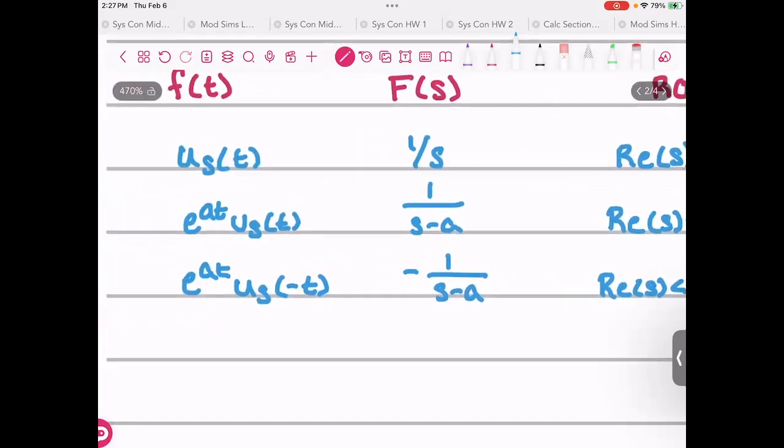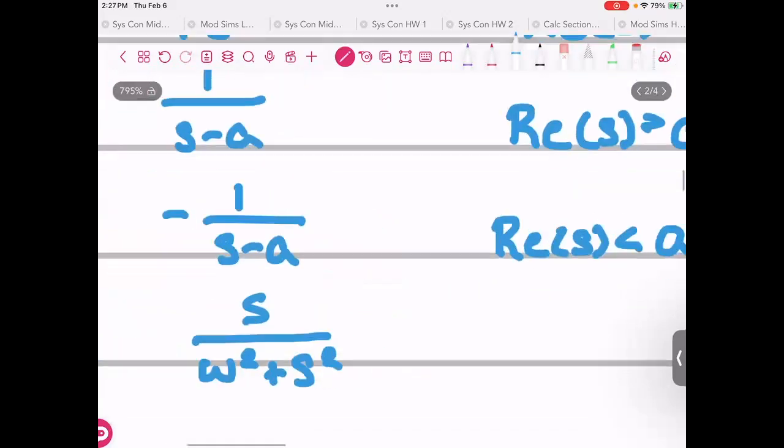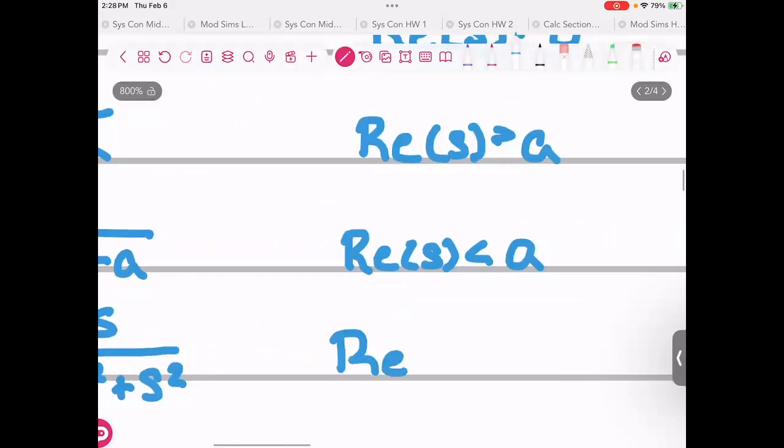Then we have cosine of omega t with our unit step of t, and then that becomes s over omega squared plus s squared, and it converges when the real part of s is greater than 0.